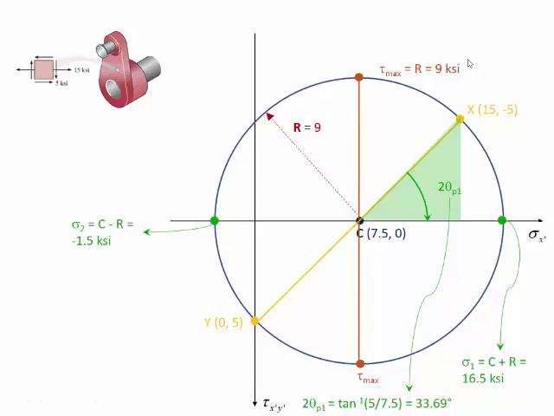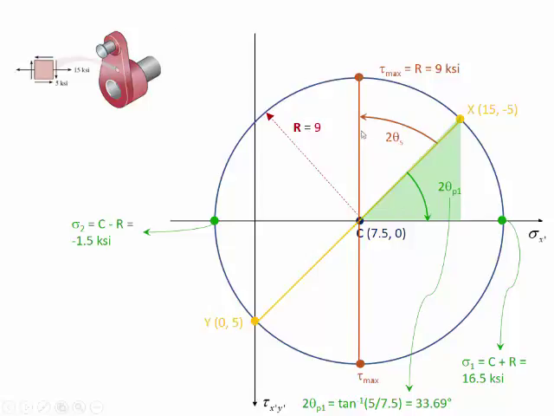Now, to find the orientation of the plane with maximum shear stress, we start again from the horizontal, or point X, and rotate towards that plane of maximum shear stress. In this case, we are rotating counterclockwise. Mohr's circle always gives us the double angle, so 2 theta s.